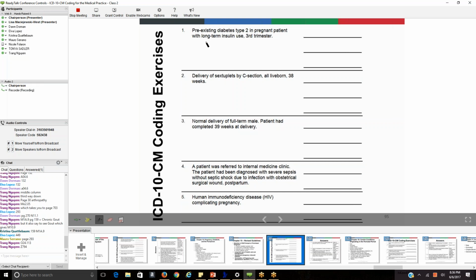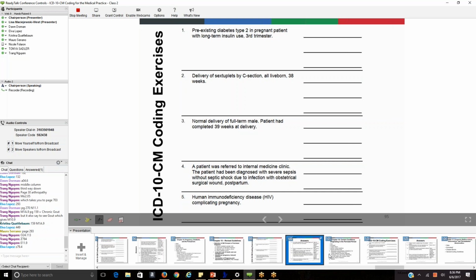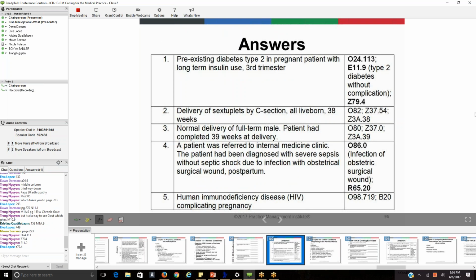It says under O24.1, use additional code from category E11 to further identify any manifestations, and long-term current use of insulin Z79.4. So Z79.4 is going to be the third code, and then the second code is going to be E11.9. Okay? I'm going to give you just a few seconds for this.